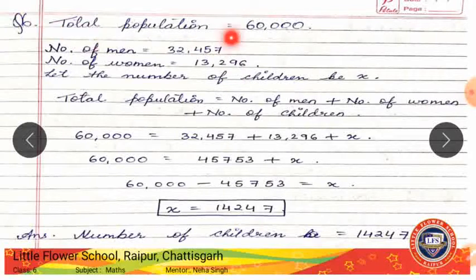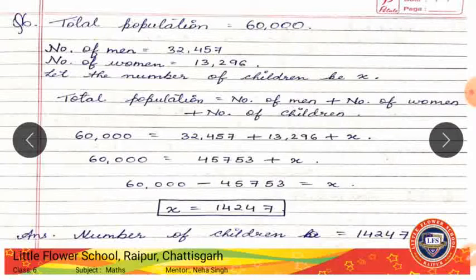Now total population will include number of women plus number of men and plus number of children. Yes, if we are talking about the total population, what will it be? It will include all the number of men and women and children, that will together form population, total population.